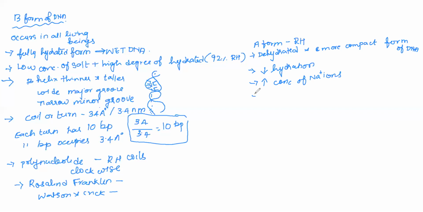It is also polynucleotide chains coiled around clockwise, okay, clockwise, and as I told you, it has a right-handed configuration. Now this A form of DNA is more compact, it is compact and also bulky.